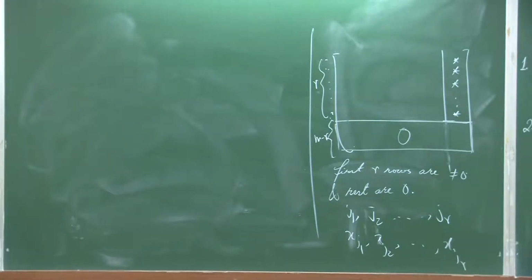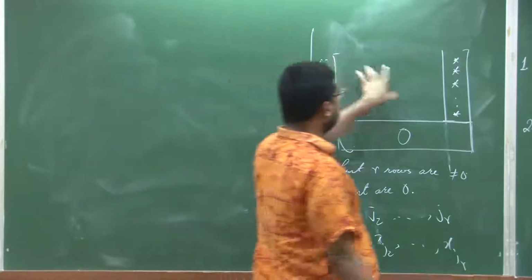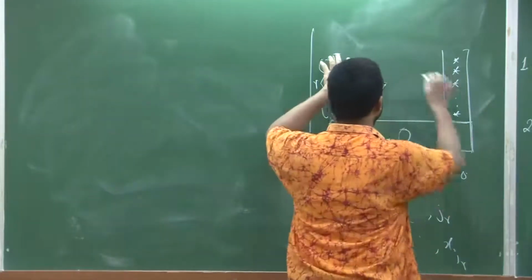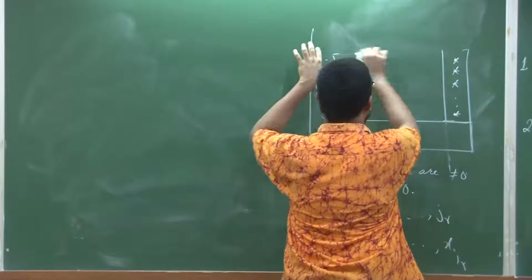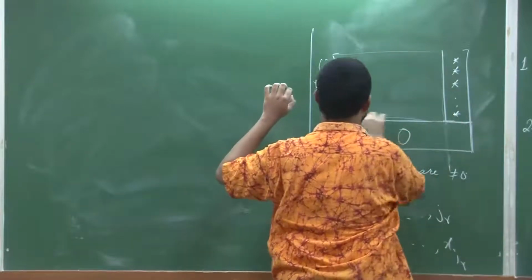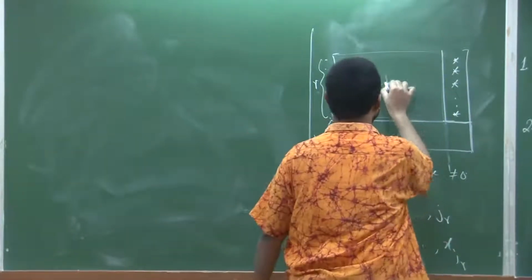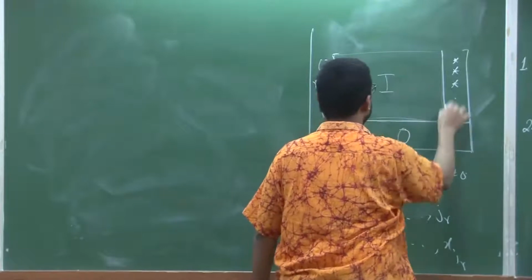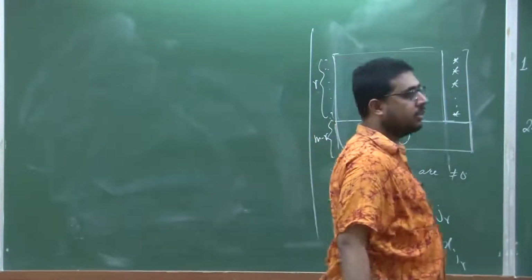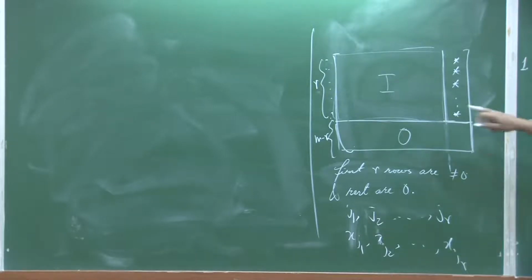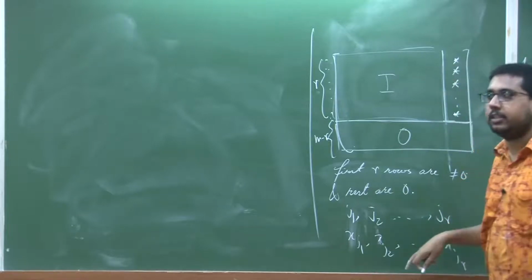For example, if after reducing to row echelon form it just becomes some identity matrix and 0 elsewhere, then r becomes equal to n. Since it is the whole identity matrix, n minus r is 0 in that case.